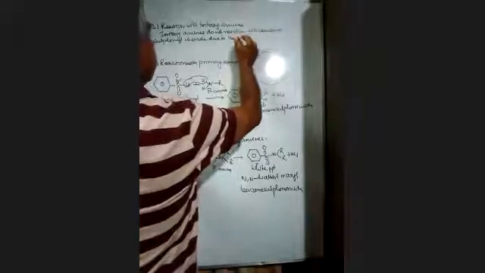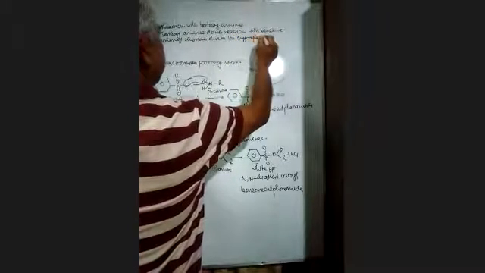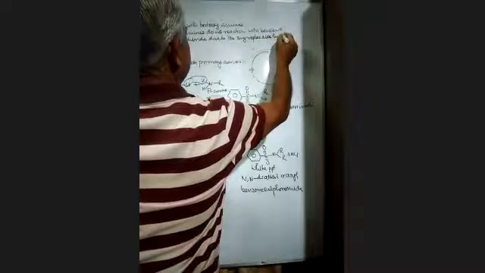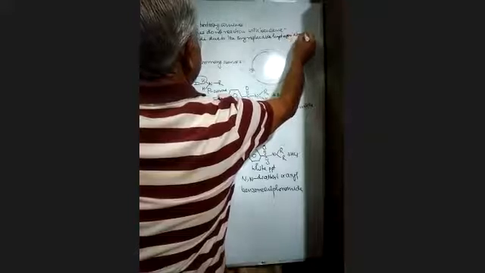See, from here HCl is going out. A tertiary amine does not have any hydrogen, the replaceable hydrogen which goes out.